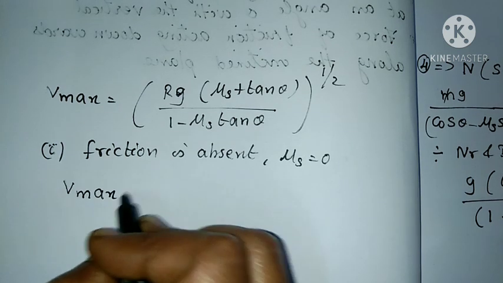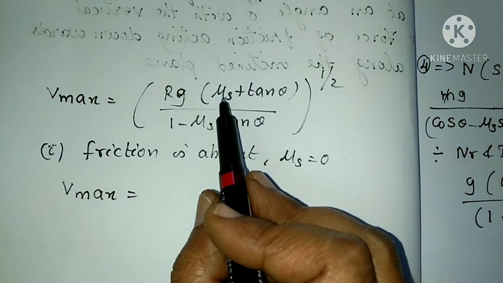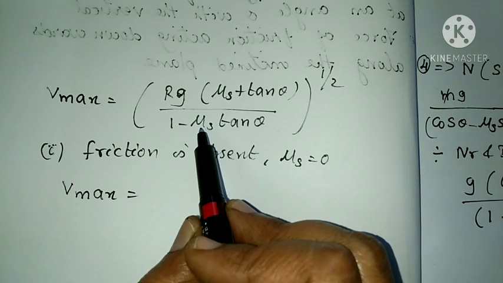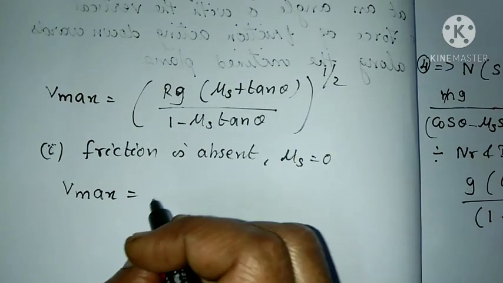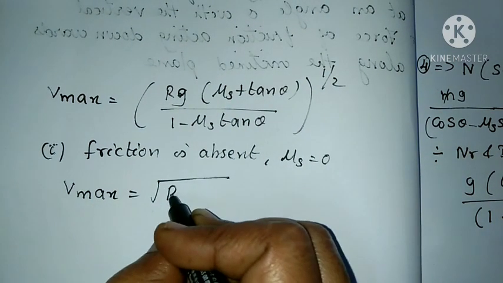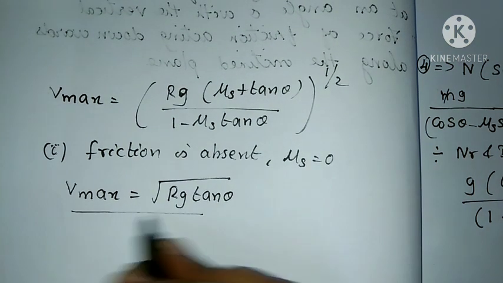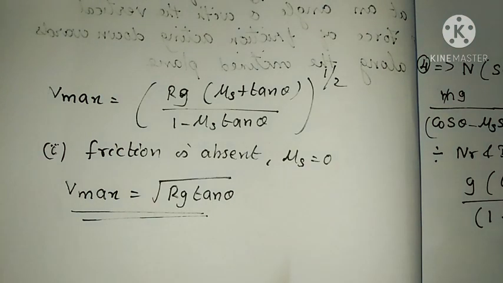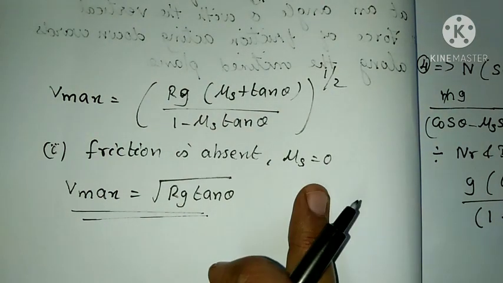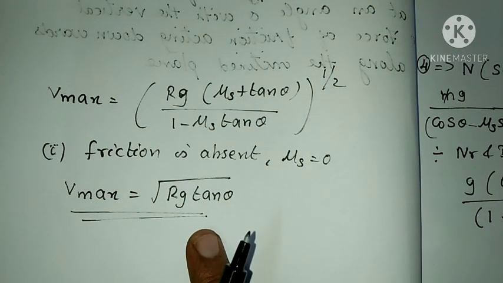V maximum equal to root of rg tan theta, putting mu s equal to 0. So this is the maximum speed of the car when there is no friction, that is mu s equal to 0, then V maximum equal to root of rg tan theta.